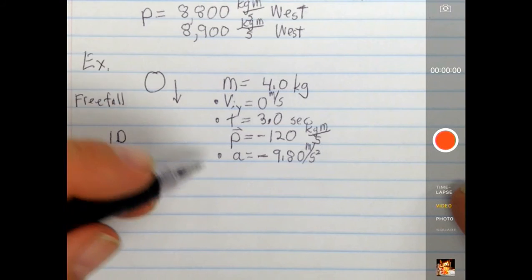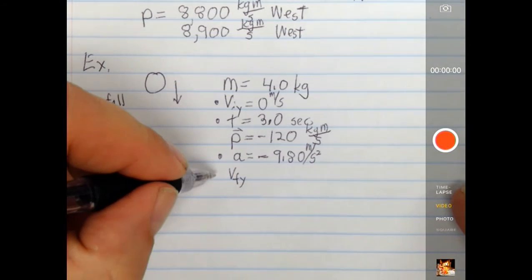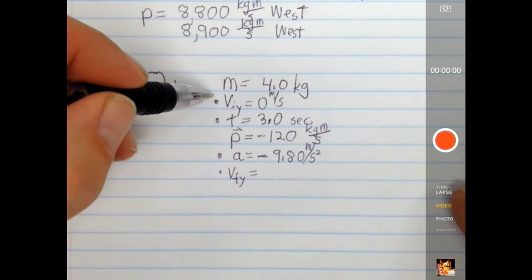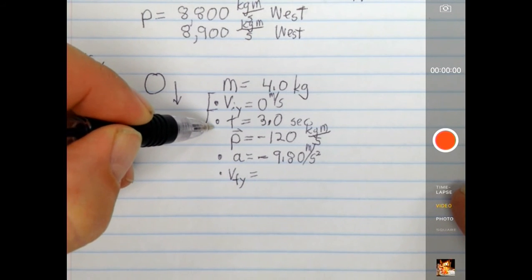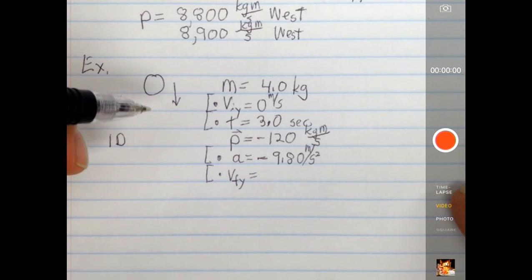What I'm interested in is what is the final velocity in the vertical direction after 3 seconds have gone by. My shopping list is initial velocity, time, acceleration, and final velocity.